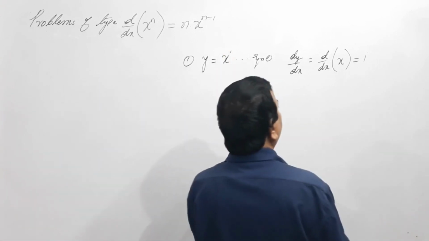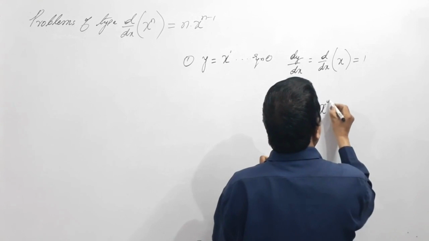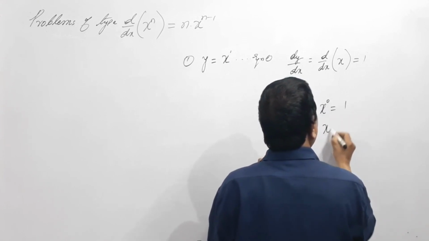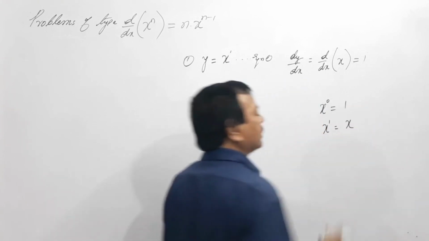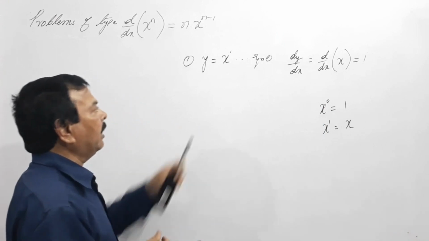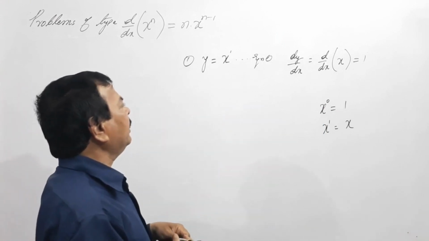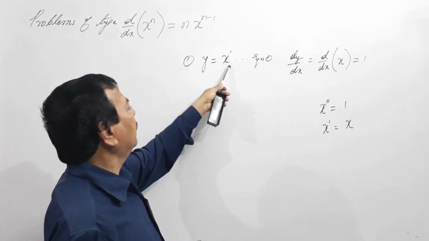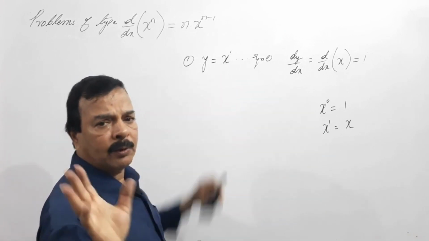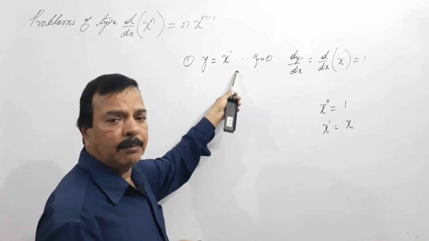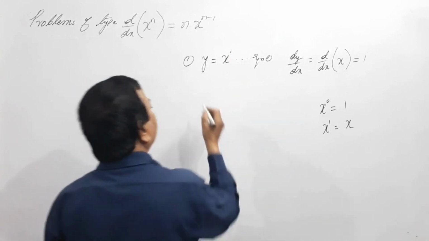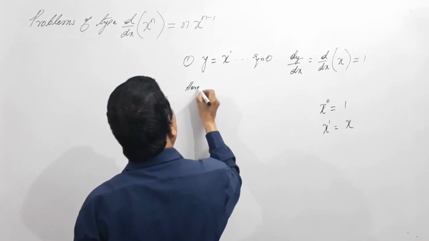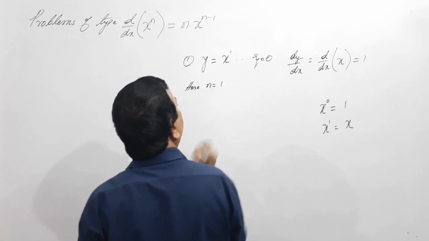We know that x to the power of 0 is 1, x to the power of 1 is also equals to x itself. So, need not worry, I am going to add. Now, if you think smartly, don't you think this belongs to x to the power of n, where n equals to 1? More or less it is of that type. So, let us proceed. Here n equals 1.